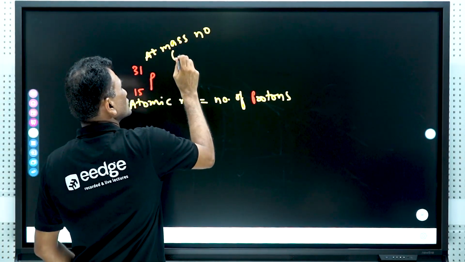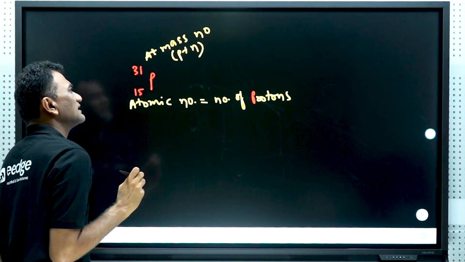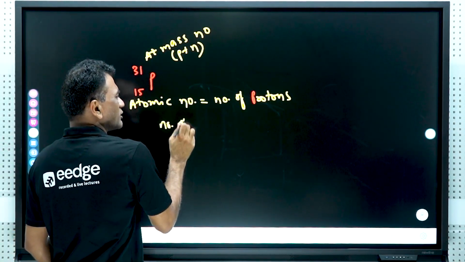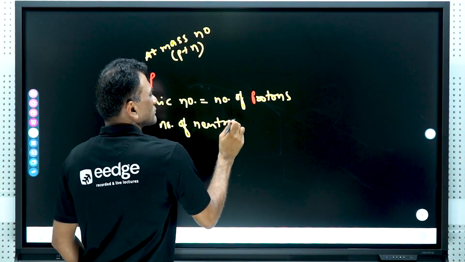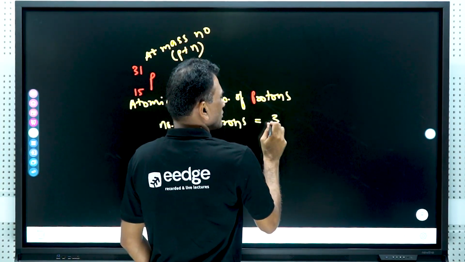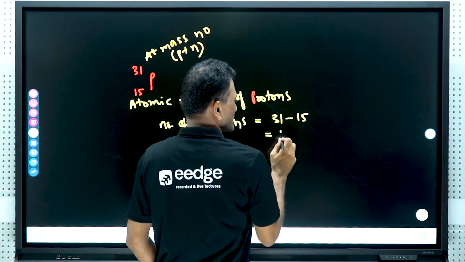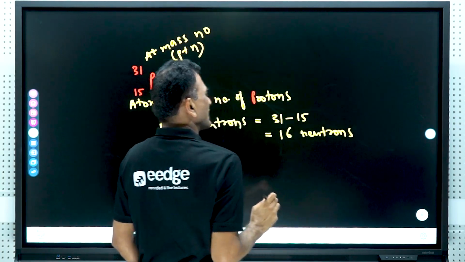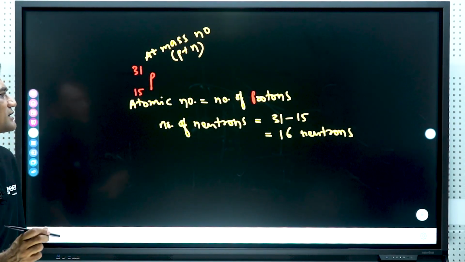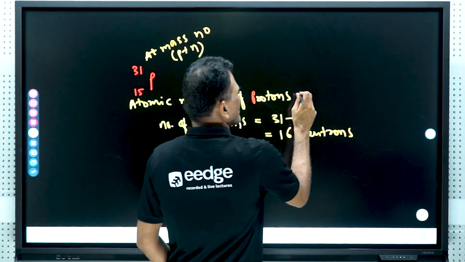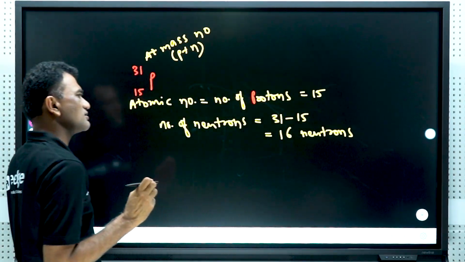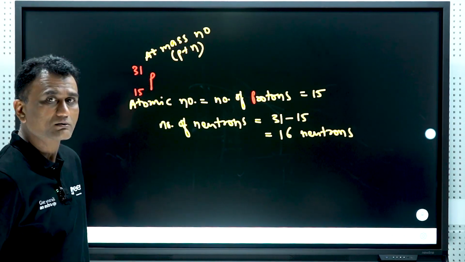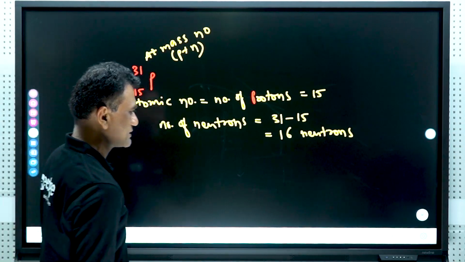Mass number is sum of protons and neutrons, so we have 31 total of protons and neutrons. So number of neutrons is 31 minus 15, which is 16. So 16 neutrons. And as the atom is electrically neutral, number of electrons is the same as number of protons, which is 15. So phosphorus consists of 15 electrons as well, right? So in 9th standard, you can be asked this sort of questions, right?